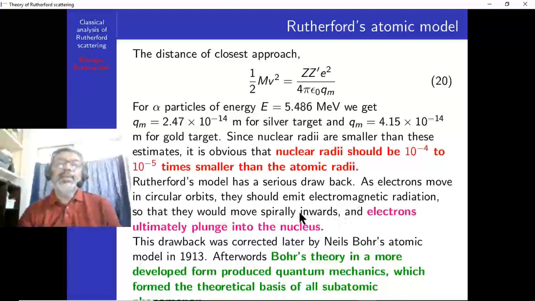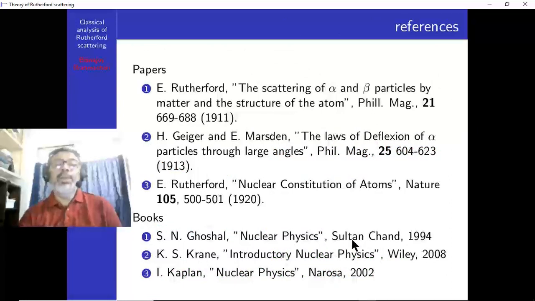Any electrically charged particle with acceleration emits electromagnetic radiation and will lose energy, and finally the electrons will ultimately plunge into the nucleus. So Rutherford's atomic model is an unstable model. This drawback was corrected by Niels Bohr's atomic model in 1913, and afterwards Bohr's theory in a more developed form produced quantum mechanics, which formed the theoretical basis of all subatomic phenomena.